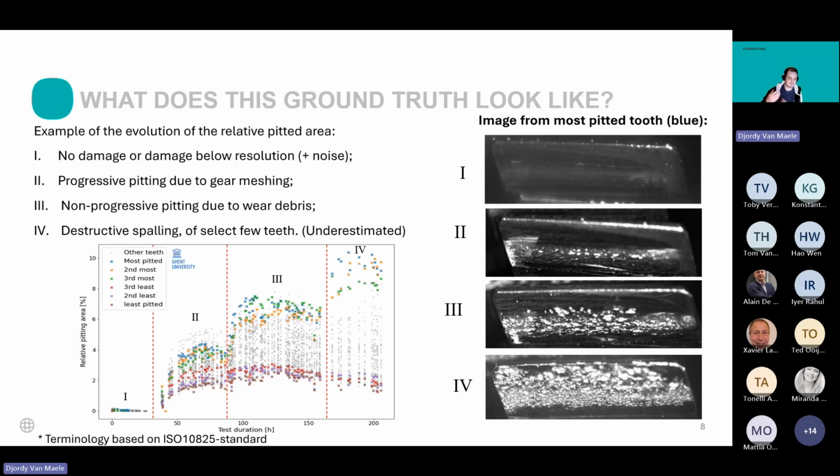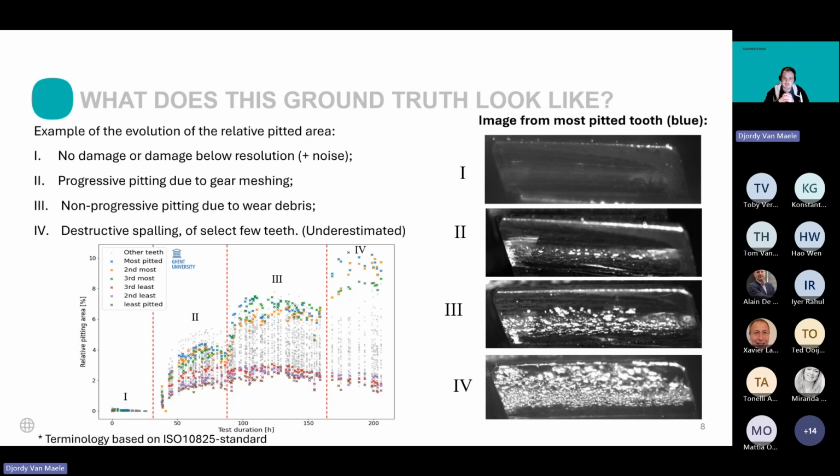However, something we, for example, noticed in this data set is that, and these are these larger pits I was referring to earlier, we started seeing pits up higher on the gear that were larger, had a different shape, and so on. And after further investigation, we concluded that this was due to wear debris. So some wear debris got caught into the gears, and this caused further pits to develop. And then what we also saw later on is that this kind of happened again, but even more extreme for a couple of the teeth.